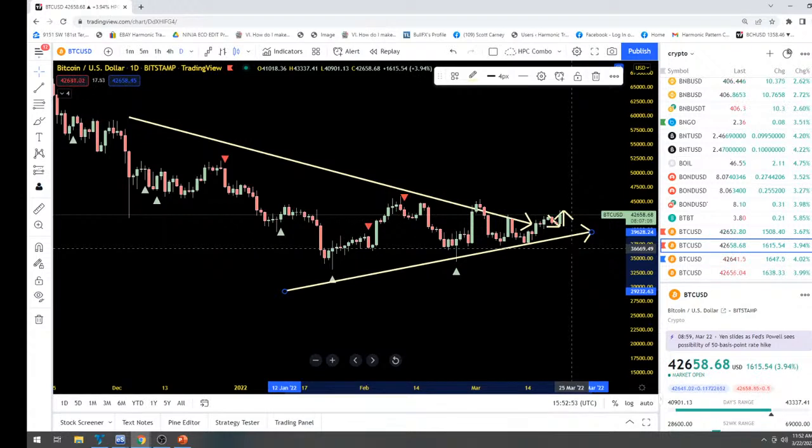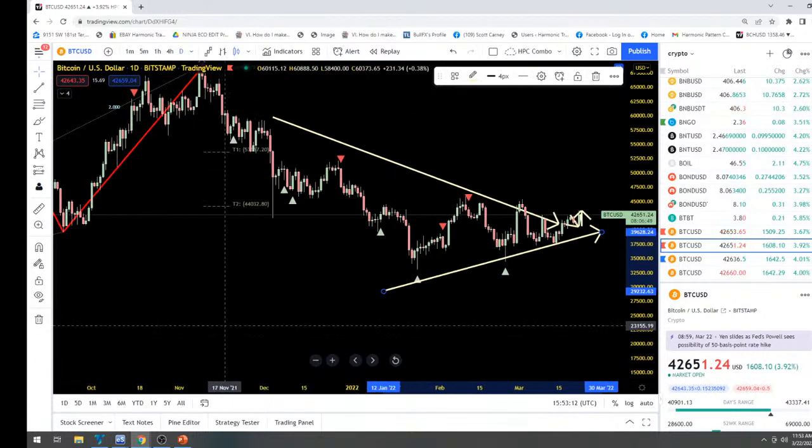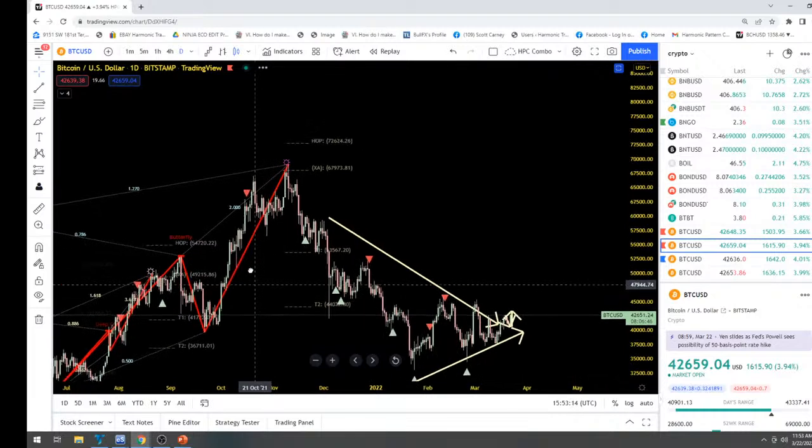This is where the harmonic measurements and understanding where the zones are, where the individual price action comes together, will tell you that this thing has possibilities because you have a heck of a lot of things behind it. Let's go back here.